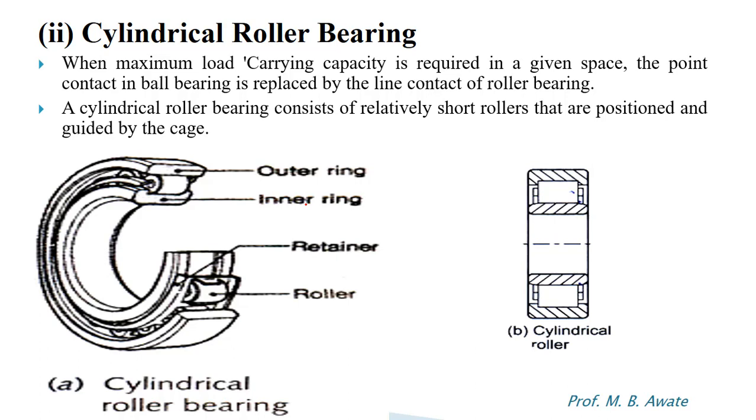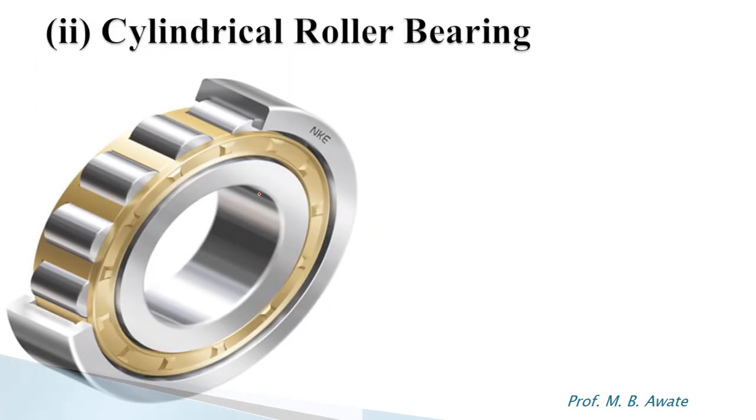Okay, second one. Here the cylindrical roller bearing consists of relatively short rollers which are positioned and guided by the cage. Okay, so balls are replaced by the rollers, but they are kept at an equal distance by means of a cage or retainer. So in the next slide we will see some of the figures of cylindrical roller bearings.